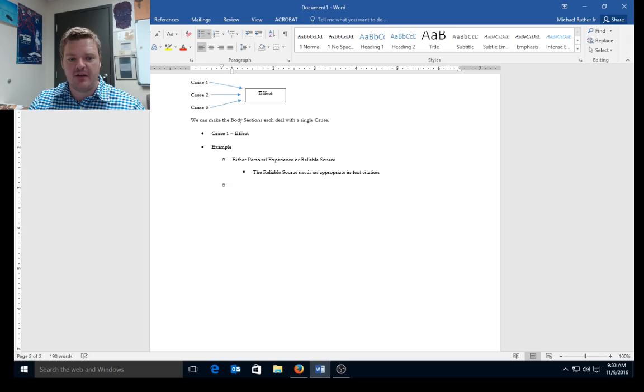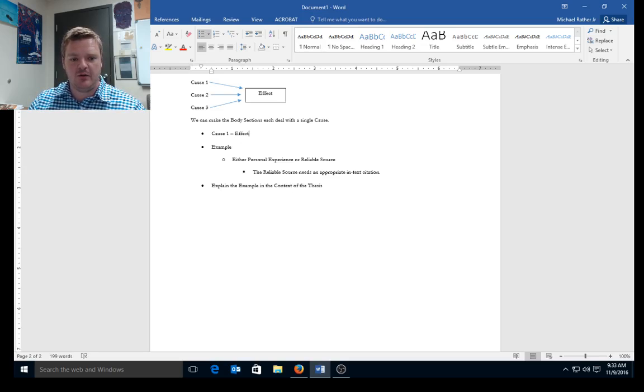Now, after you have that example, you would explain the example in the context of the thesis. So notice the pattern is still the same.